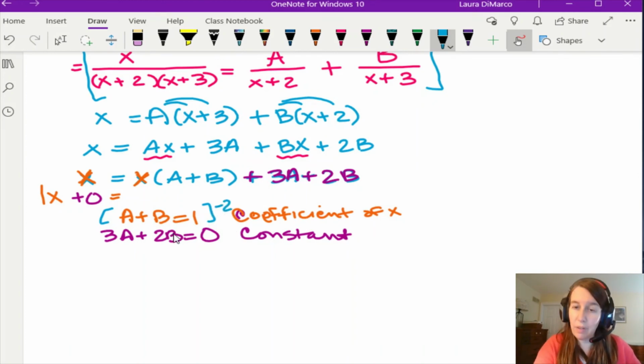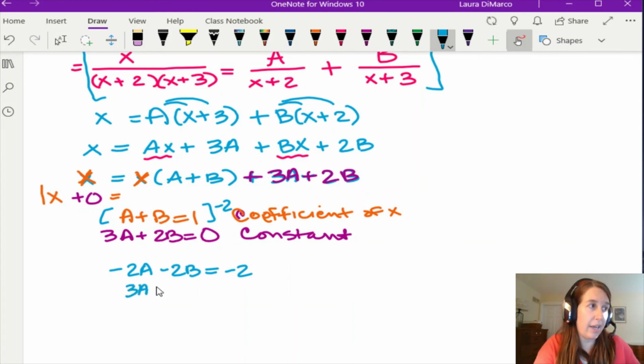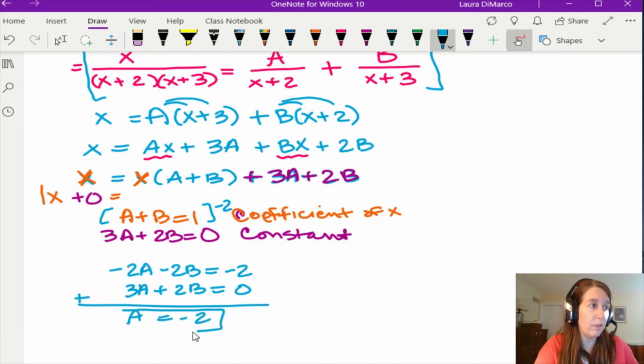That way we'll get rid of the b's. So -2a minus 2b equals -2. And then 3a plus 2b is equal to 0. Add those together. You get a is equal to -2. This is elimination.